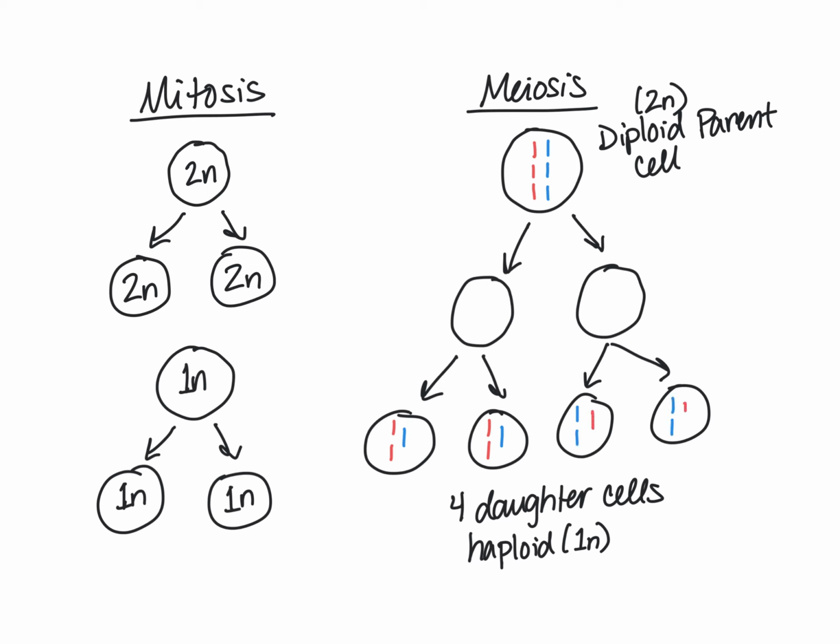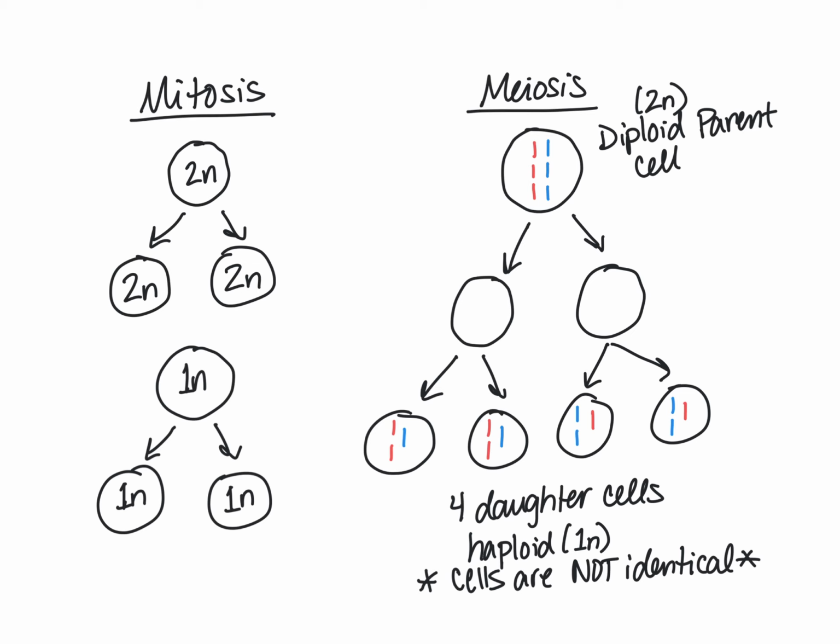Here I'm just drawing some real basic chromosomes, and we're only looking at 3 pairs. So we're not showing a lot of genetic diversity here, but just note that the cells are not identical. They're not identical to each other, and they're not identical to the parent cell.